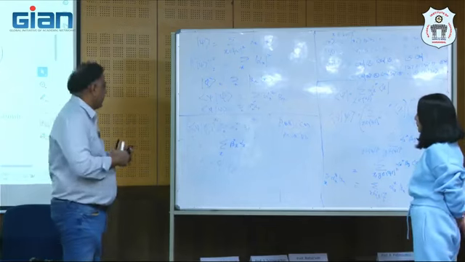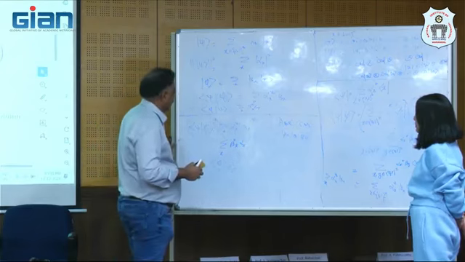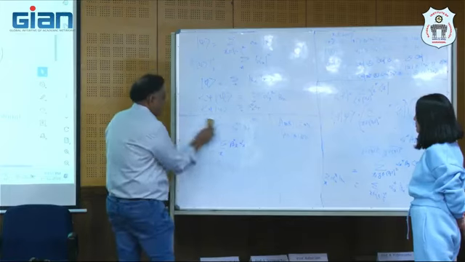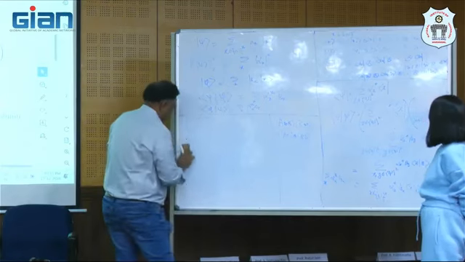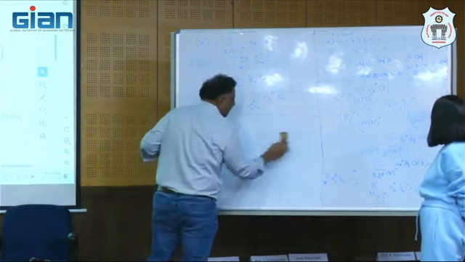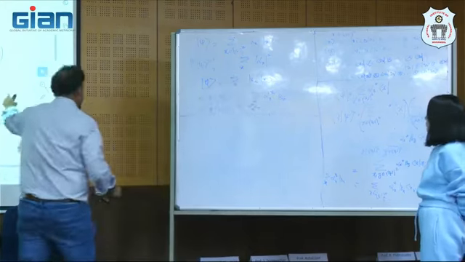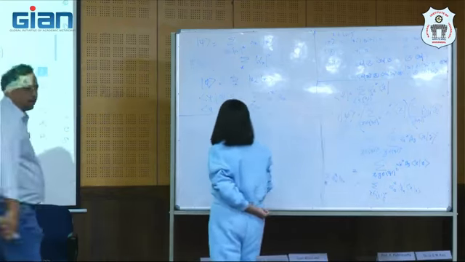Agreed? Now let us do it like this. Now you write all these vectors in this notation and use this formula for inner product.